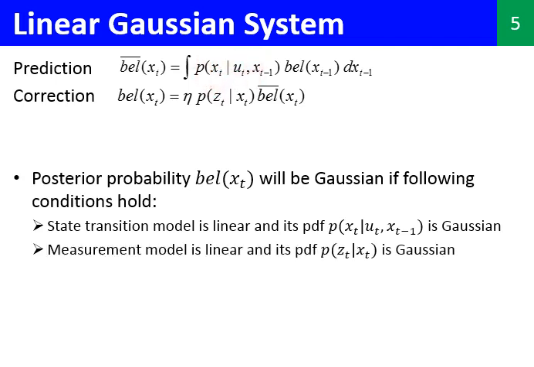The second condition is that the measurement model that corresponds to the correction stage should be linear and its probability density function should also be Gaussian. And the final condition is regarding the initialization of the filter. We need a Gaussian distribution as the initial belief bel x0.